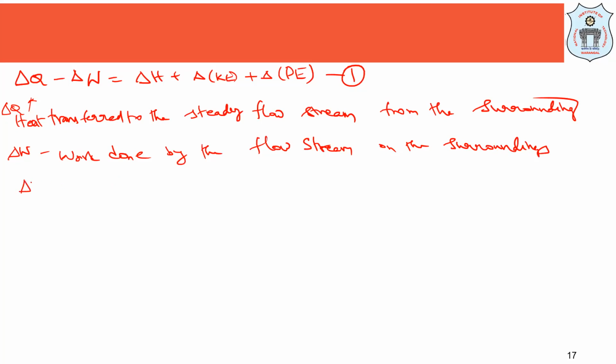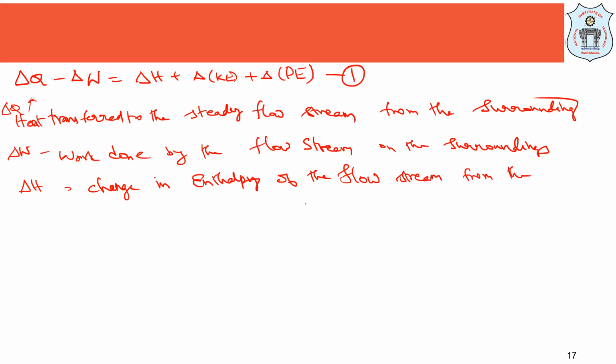Delta H is the change in enthalpy of the flow stream from the entrance to exit of the fuel cell. So remember, change in enthalpy of the flow stream from the entrance to exit of the fuel cell.